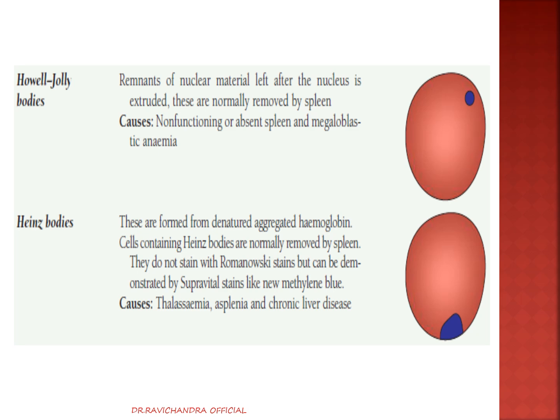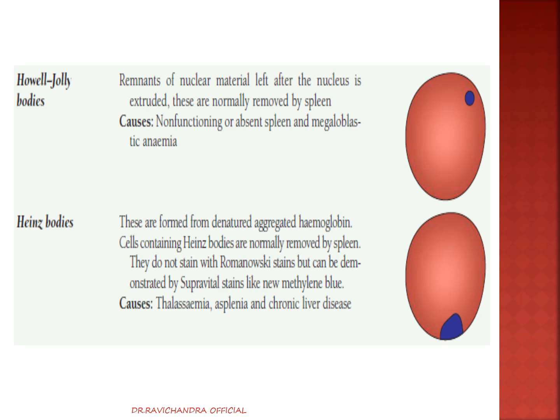Coming to Howell-Jolly bodies. These are remnants of nuclear material left after the nucleus is extruded in a red blood cell. These are normally removed by the spleen. Causes will be a non-functioning or absent spleen, because of which these are not removed, and in megaloblastic anemias these Howell-Jolly bodies are seen. Coming to Heinz bodies, these are formed from denatured aggregated hemoglobin.